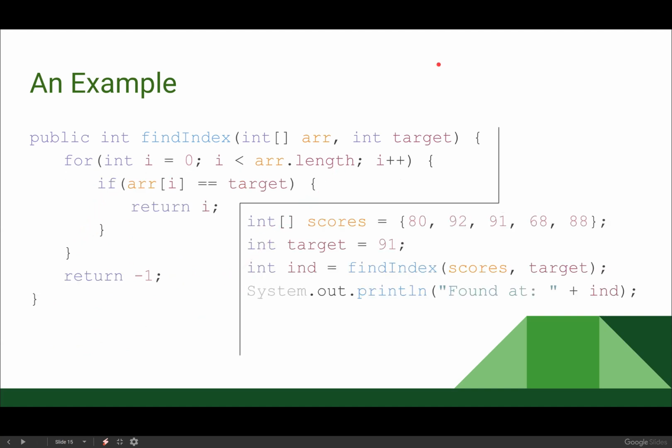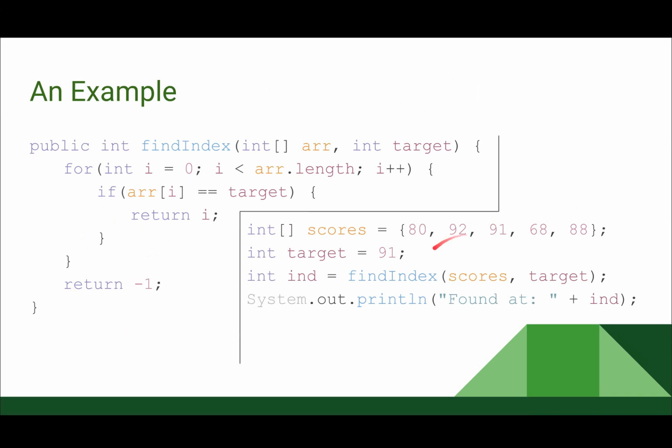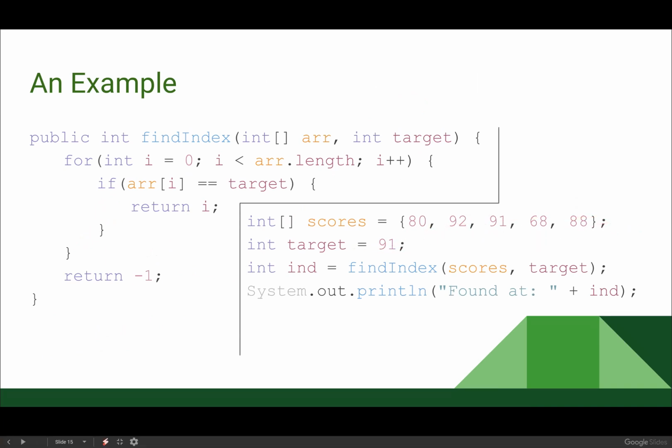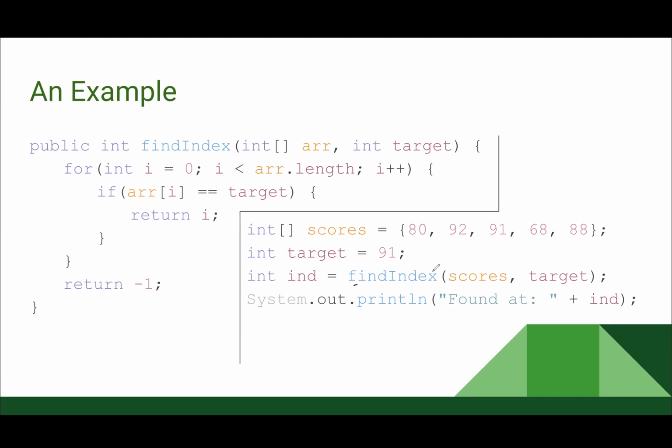So if I actually do an example, let's say my scores is that same array we've been looking at, and my target is 91. I'm going to make an integer called ind equaling the return value from findIndex when I pass scores and target, scores being that list, target being that integer, to it.